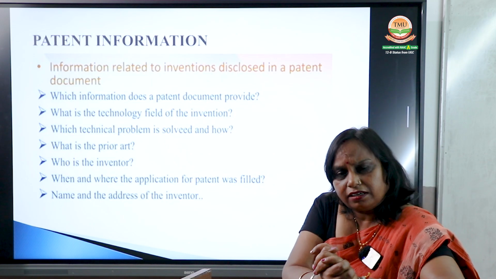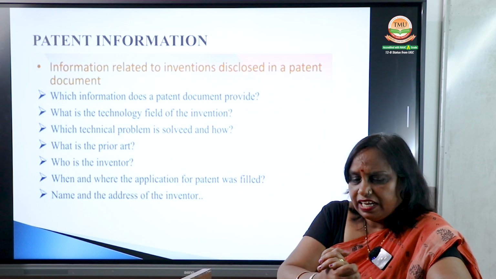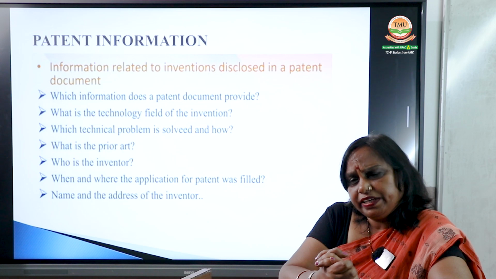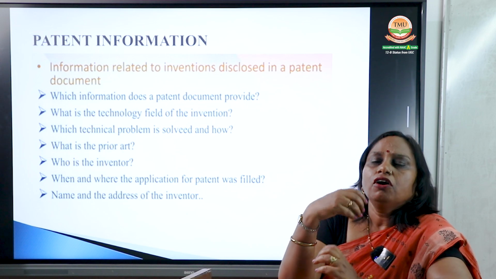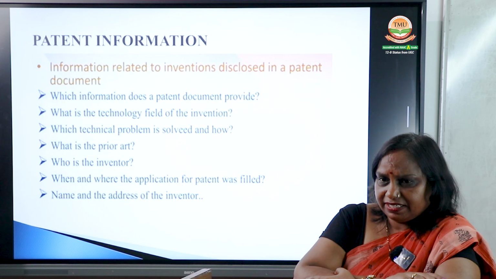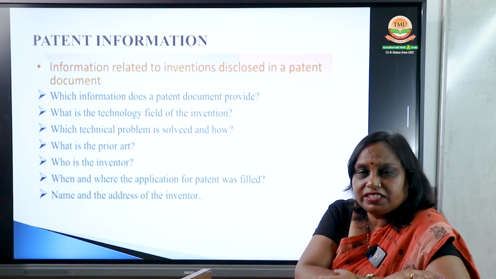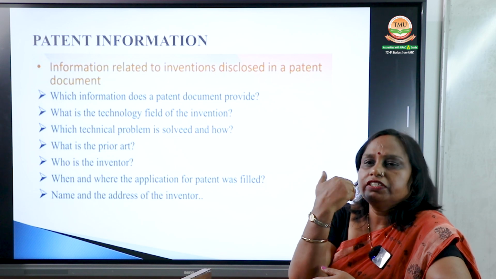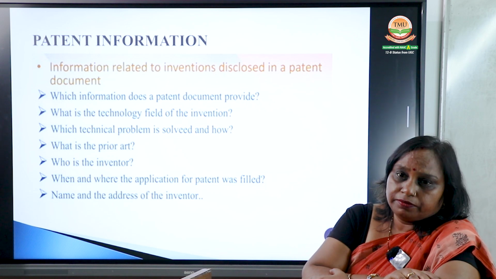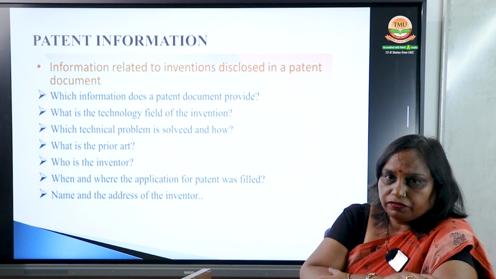So now again coming back to the patent, yesterday also we have seen in short that whenever a patent holder, a person or the inventor wants to apply for a patent, then what are the important documents, what are the information which has to be disclosed in front of the patent office for the application of the patent.